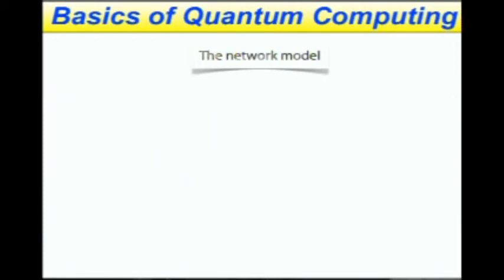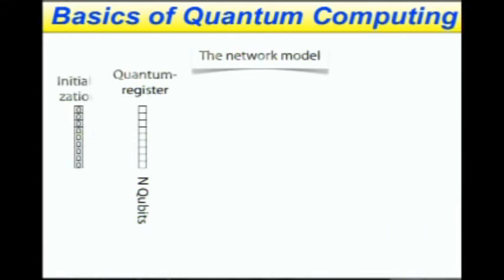Now, when you have your qubits and you want to build a quantum computer, you need a bit more than that. First of all, you need as many qubits as possible, say n, and together they form the quantum register. Now, before you can do a computation, you have to store some information in that quantum register.